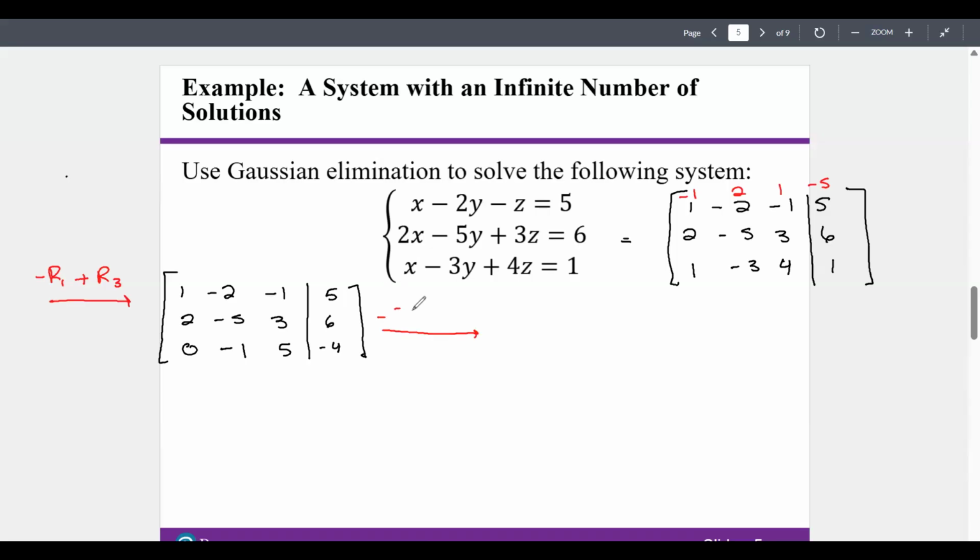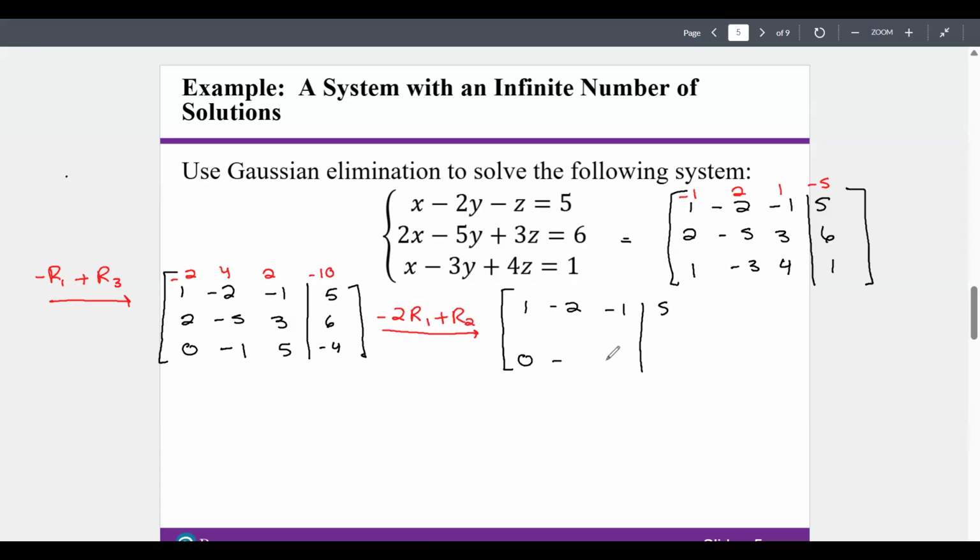And then I can go negative 2 R1 plus R2 so that I can get rid of this 2 here. So I end up with 2 zeros under that 1. That means that R1 is now just going to be negative 2, 4, negative 10. Oops, that's right, we're doing that row.